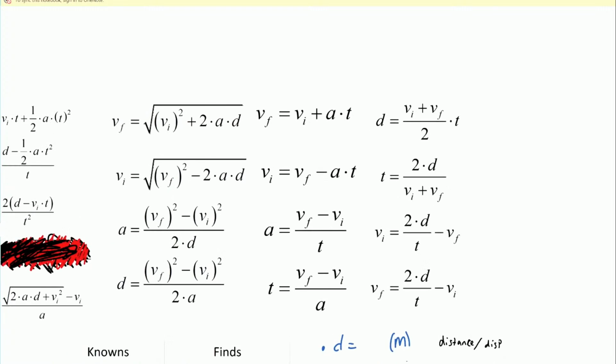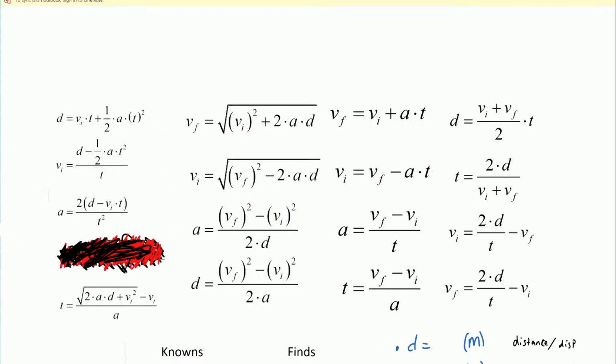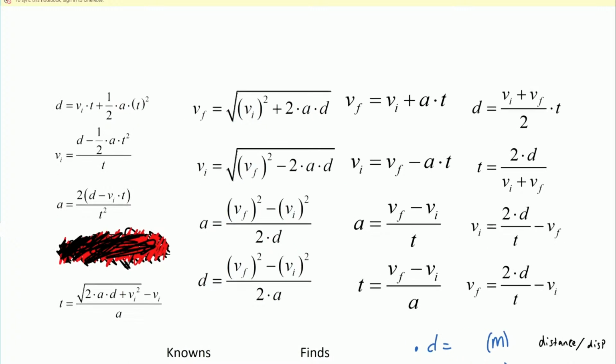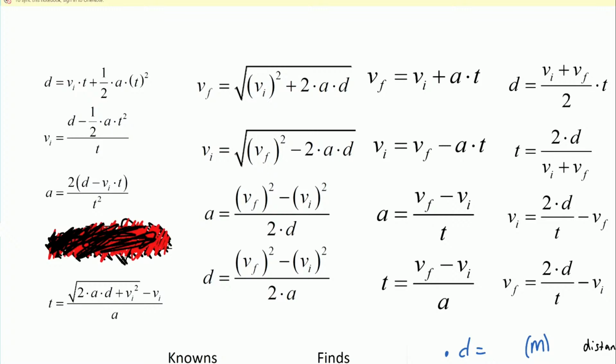Did you get it from the sheet? Oh, do you not have access to the sheet? Okay.